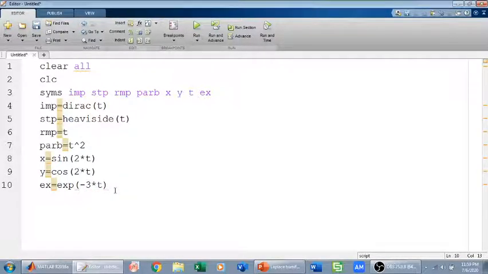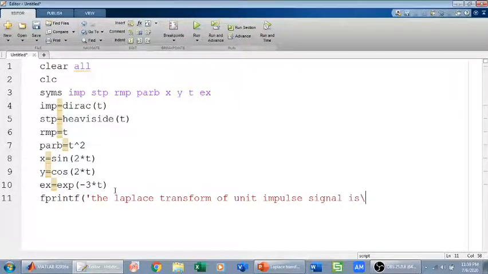What I will do now is start taking their Laplace transform. So I can say fprintf, the Laplace transform of unit impulse signal is, fine, and then I will say Laplace of impulse signal, which is IMP. Impulse signal is IMP, which is defined by dirac.